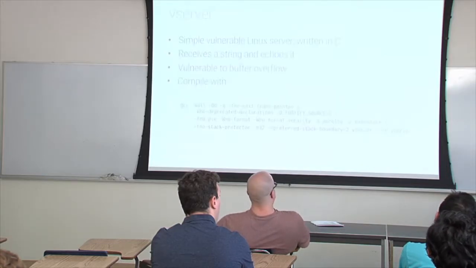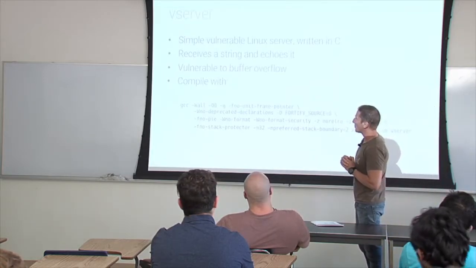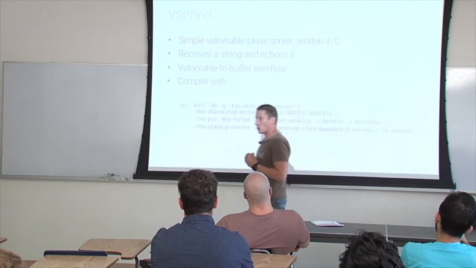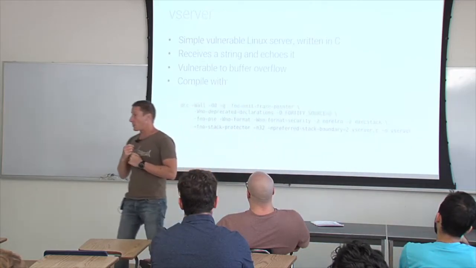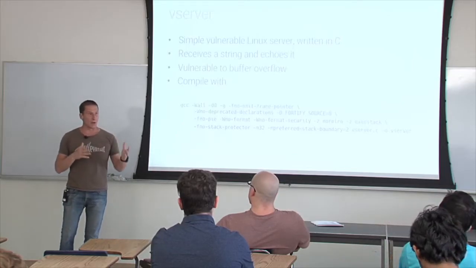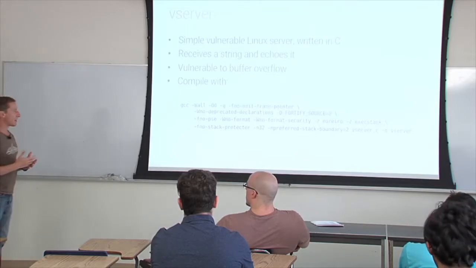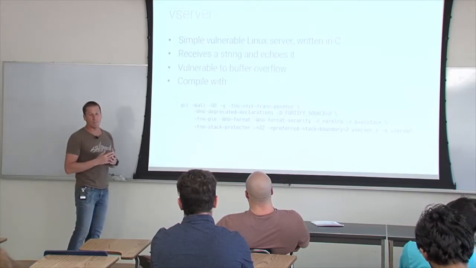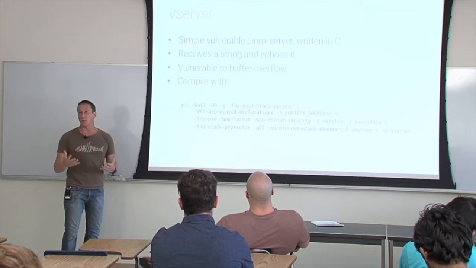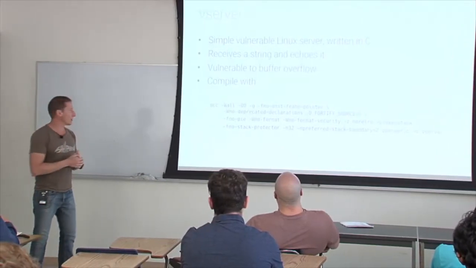We will use it today to look at this very simple vserver, which is a vulnerable Linux server that has the echo command. So you send a string, you get a string back. And we will see, especially for the ones here who are not experienced in binary analysis, how you can go around trying to find out what a program does and how to come to the point where you're actually starting to exploit it.